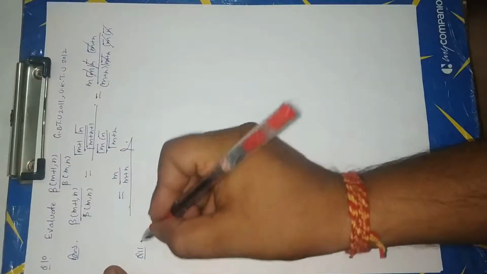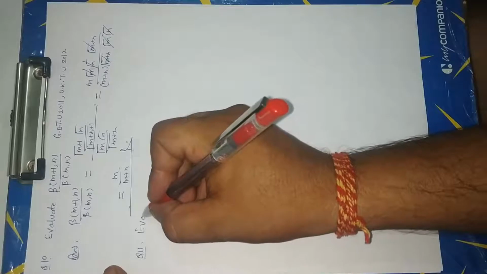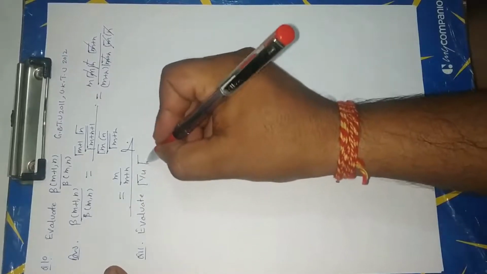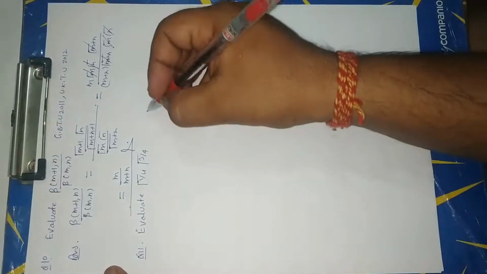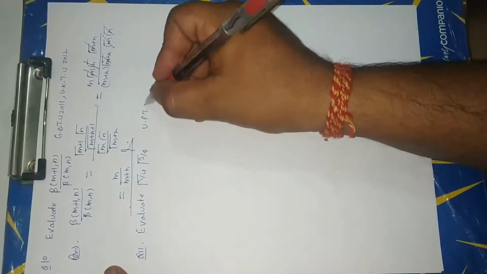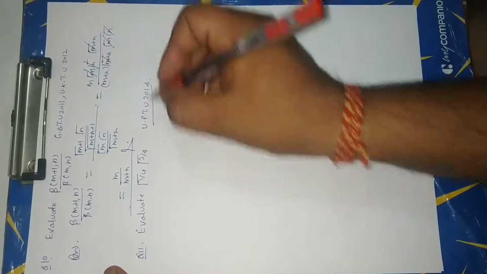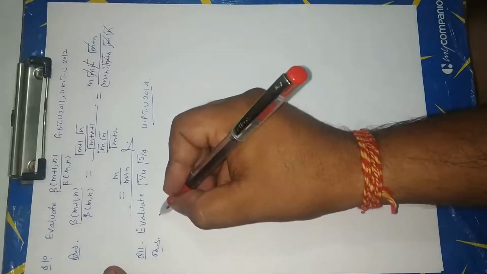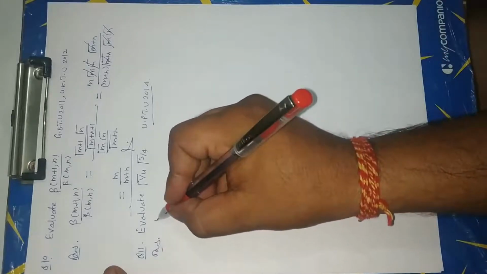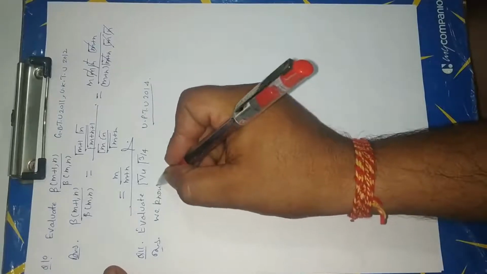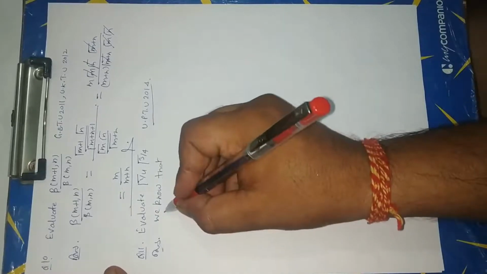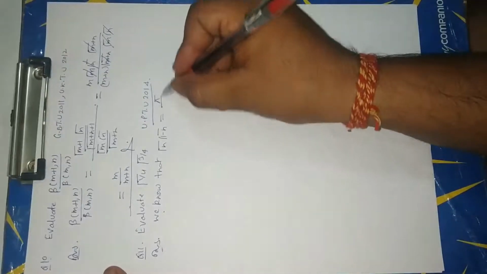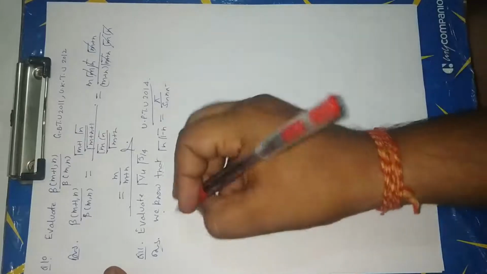Question number 11. Evaluate gamma(1 by 4) gamma(3 by 4). This has come in UPTU 2014. Again we repeat the well-known formula, that is, we know that gamma(n) gamma(1 minus n) is equal to pi upon sin n pi.